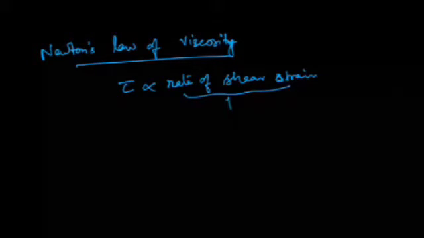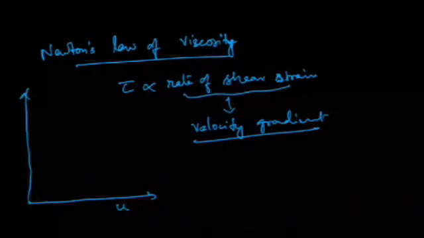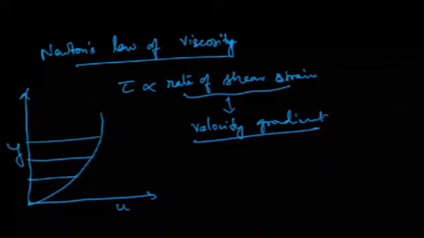This rate of shear strain is the velocity gradient, because both have the same profile. So what is this velocity gradient? See here, if I consider the horizontal axis as the velocity axis and the vertical axis as the height of the layers, y, then we get a profile like this. These are the velocity lines.